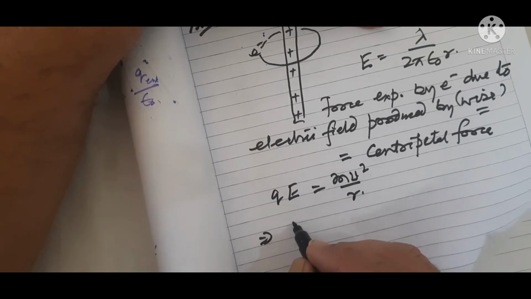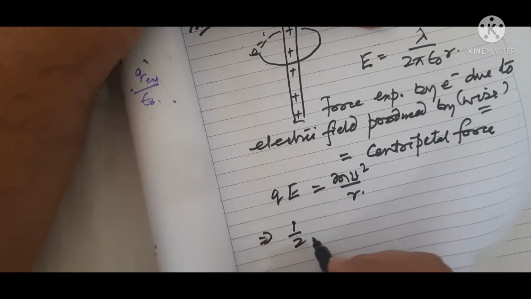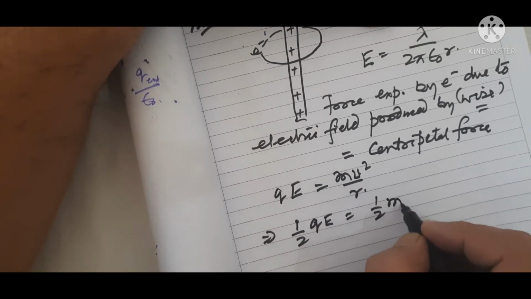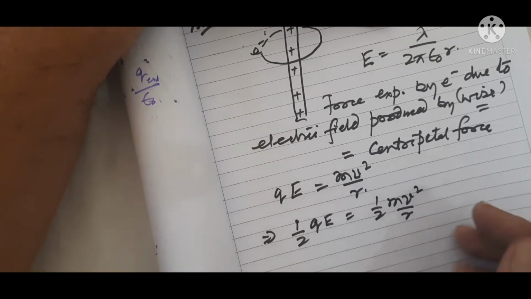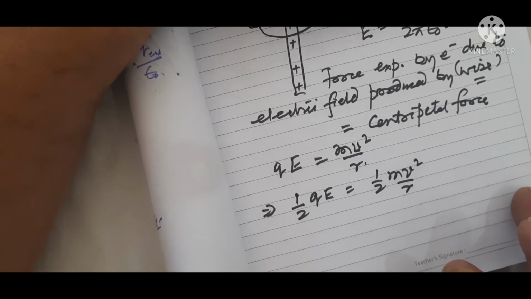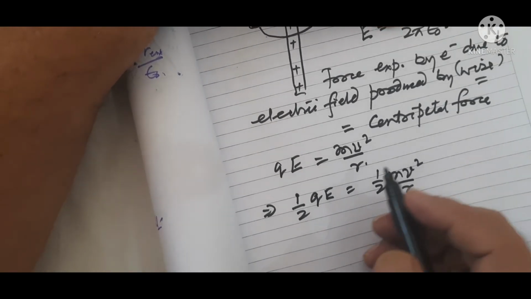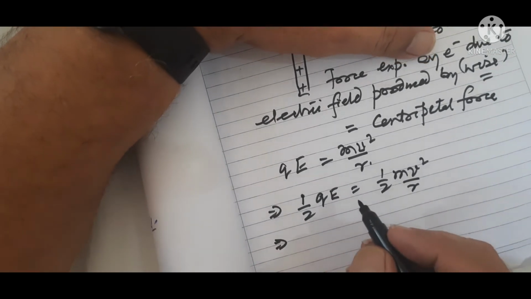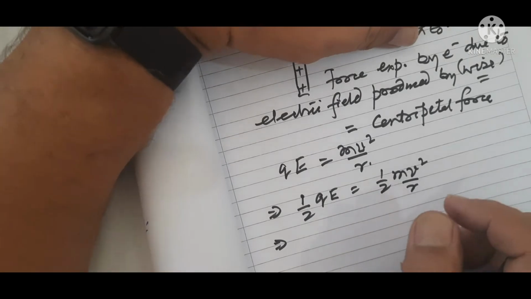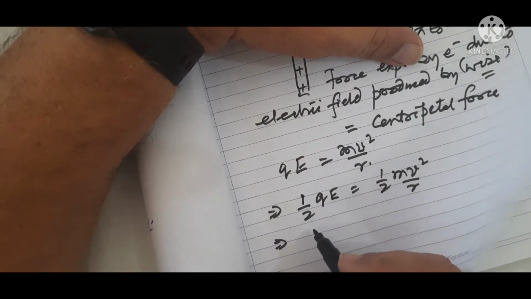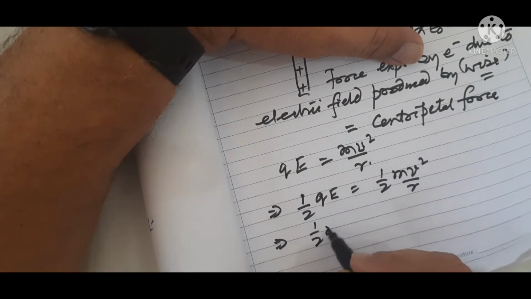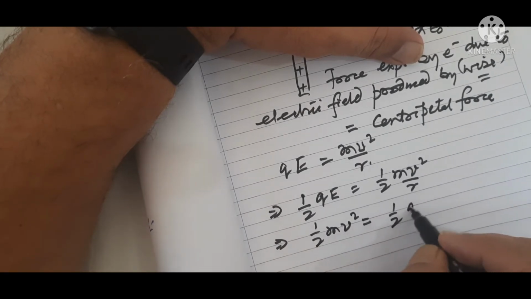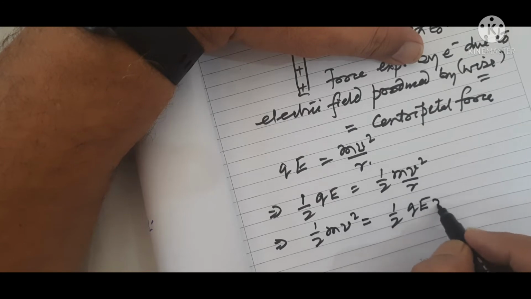Multiplying by half, half qE is equal to half mv squared by r, because our purpose is to find the kinetic energy, which is half mv squared. So half mv squared is equal to half qE into r.